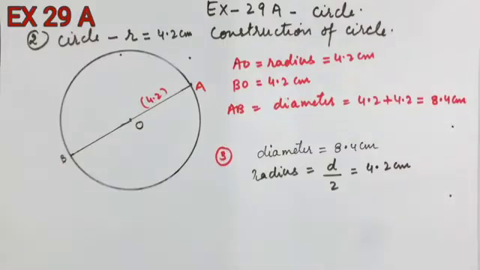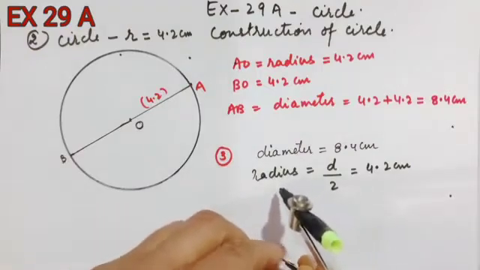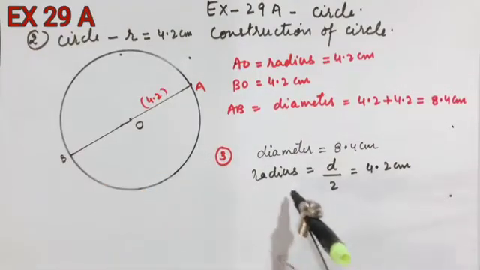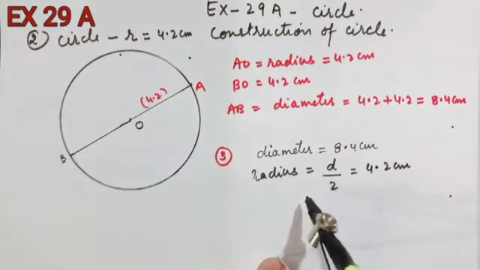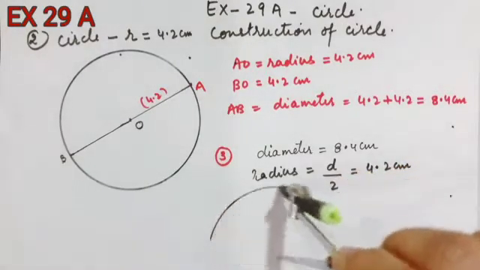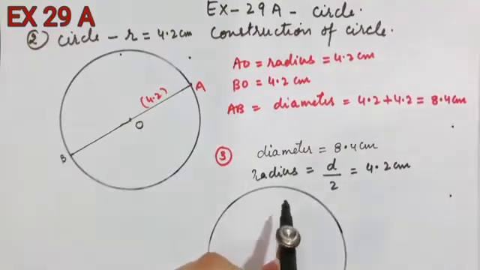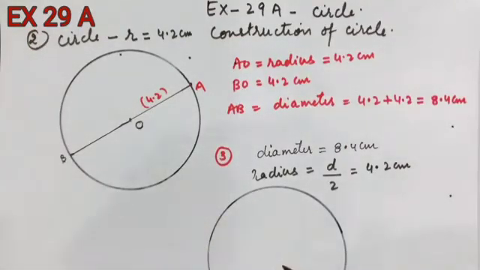Now we have to construct a circle. So let's construct a circle. Taking this as the radius, and this as the center of the circle. Let's construct another circle. So here you can see I have drawn another circle. This particular point is your O. Clear?